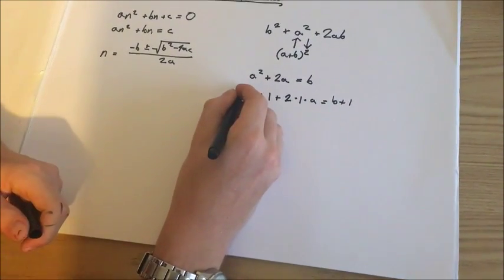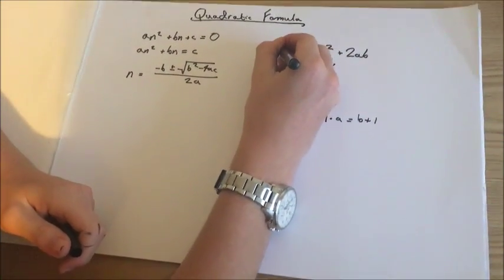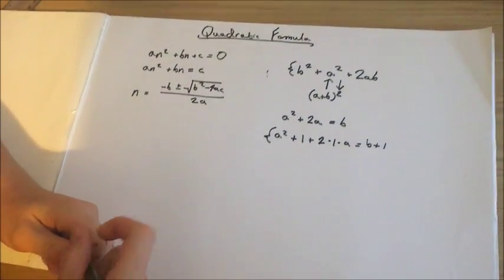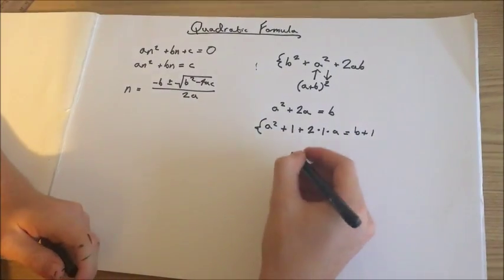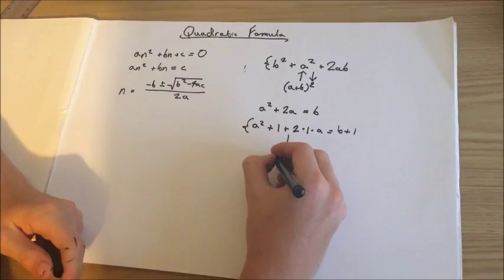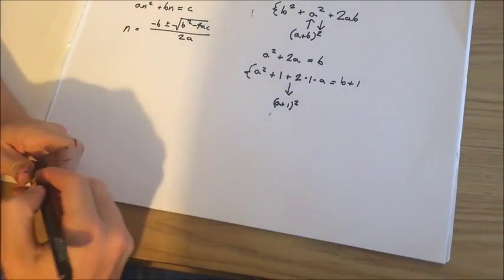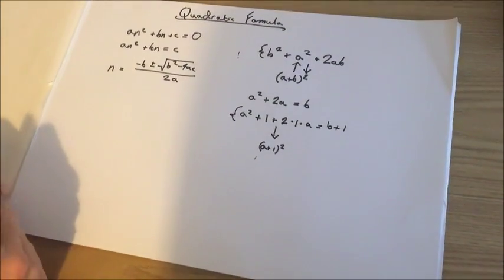Now this is the same format as the earlier expression, with b being 1, because 1 squared is still 1, and therefore we can change that back into (a plus 1) squared. And that is called completing the square.